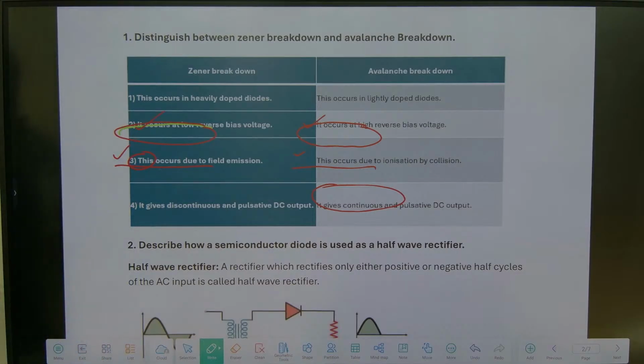So note down this and we can go for the next question.